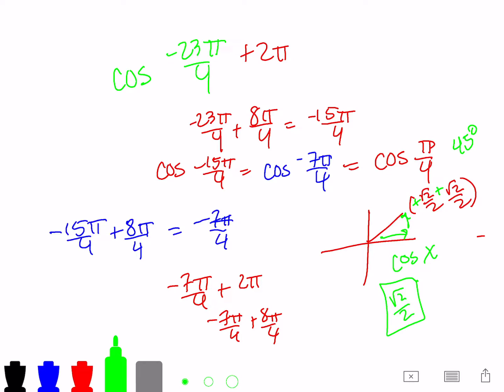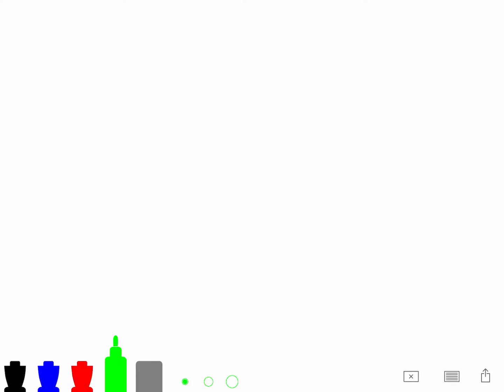Okay. If I show you one other one, if we've got the cotangent of 10 pi thirds, again we want to write an equivalent expression with the angle that's between 0 and 2 pi. So I'm going to take 10 pi thirds and subtract 2 pi. I'm subtracting 2 pi this time because it's past 2 pi.